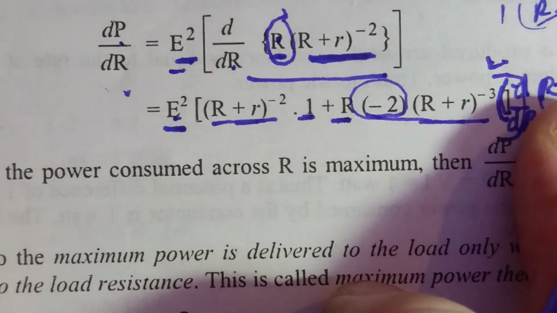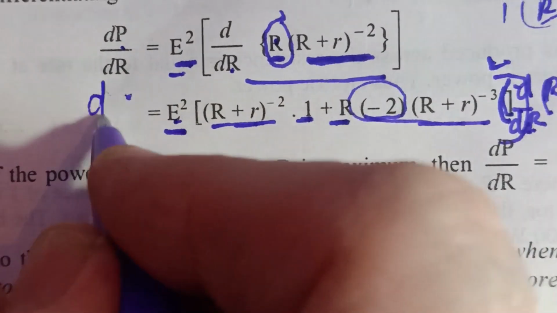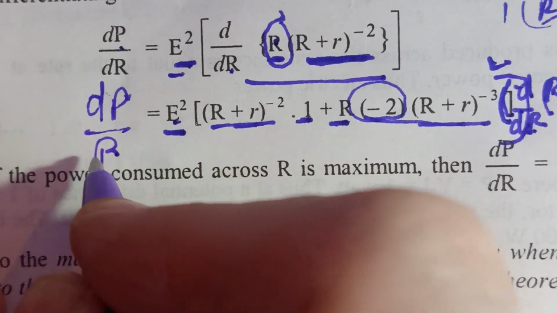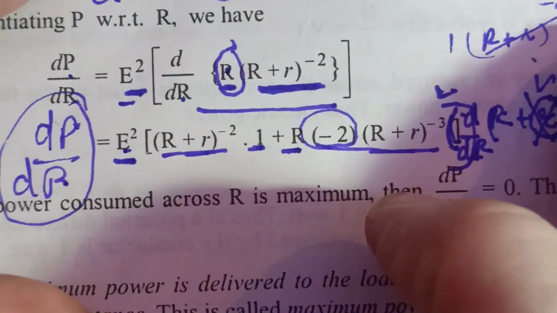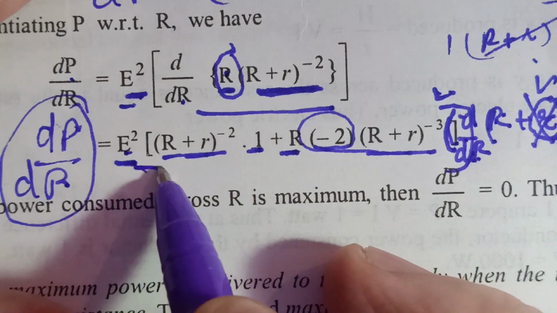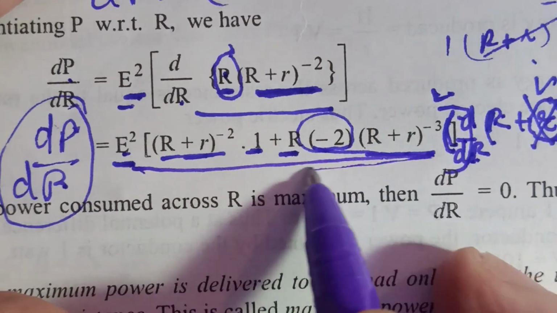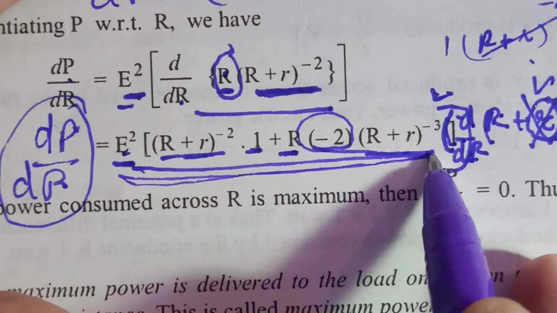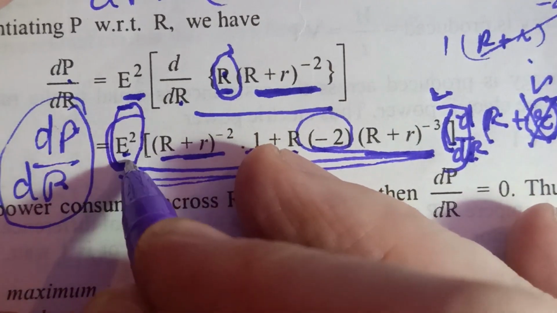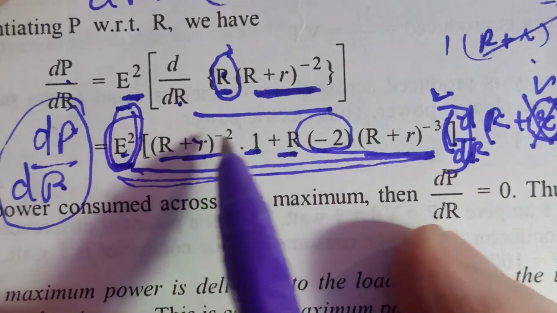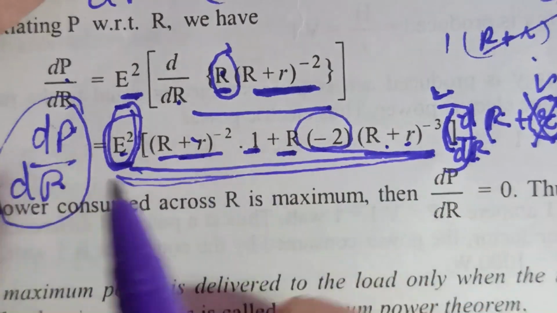Now you set dP upon dr equal to 0. This equals 0 means this term equals 0, because E square cannot be equal to 0. And what is this?